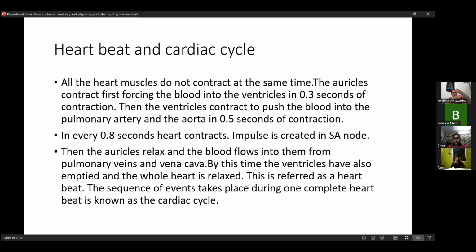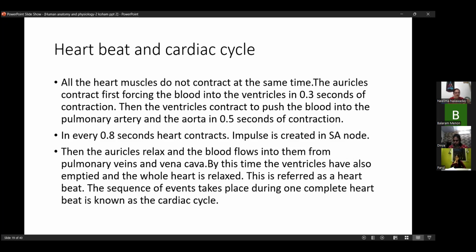The upper chambers contract, and blood goes into the lower chambers in 0.3 seconds. After that, electrical current generation, and then the ventricles contract to push the blood into the artery and vein. From the left ventricle to the artery, the arch of the aorta, and from the right ventricle to the lungs through the pulmonary vein.